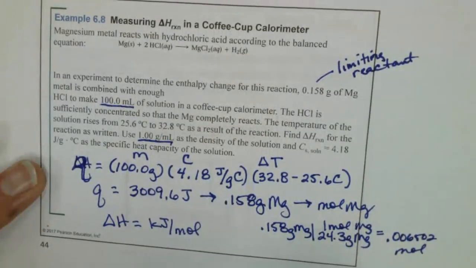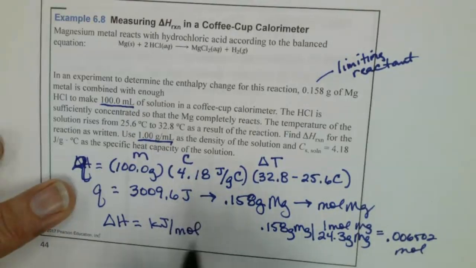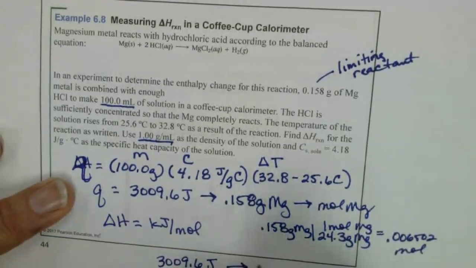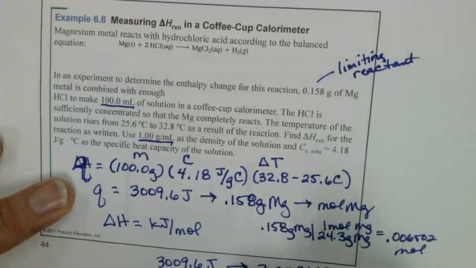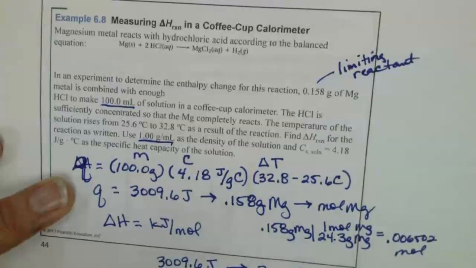Now we're going to take our joules and change them to kilojoules. Remember, all we have to do is divide by 1,000.